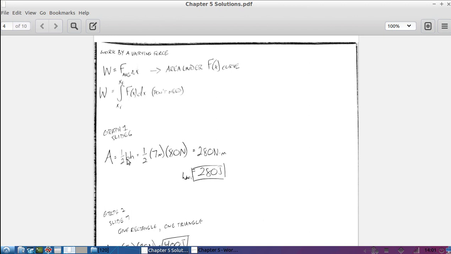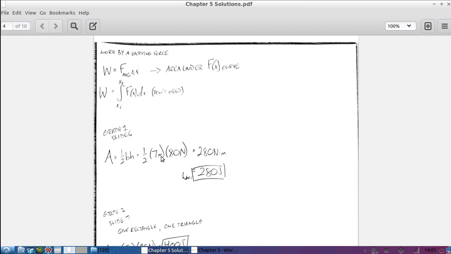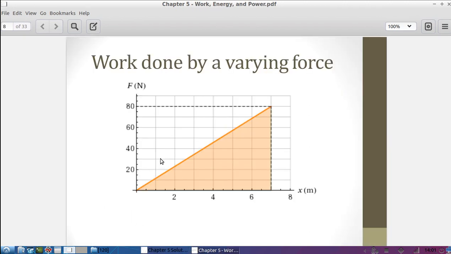The base of this triangle is the change in position, 7 meters minus 0 meters. It represents a physical quantity, so it has units. It's 7 meters. The height of the triangle is the force applied here, 80 newtons.